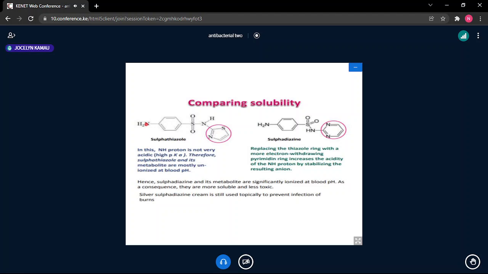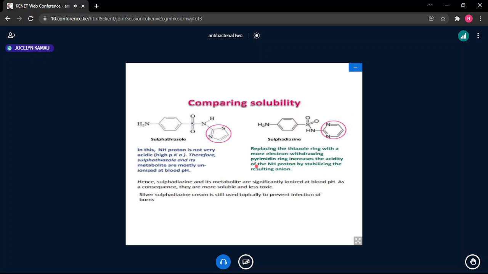This we have already mentioned, so that is not new. We are only saying that this is the thiazole ring directly attached to that nitrogen, and in this the NH proton is not very acidic. That means sulfathiazole and its metabolite are mostly un-ionized at blood pH.